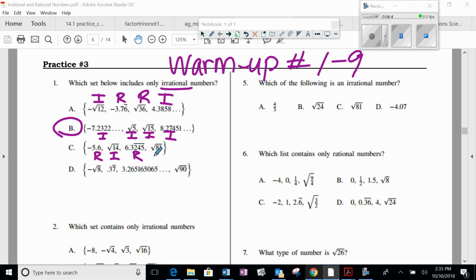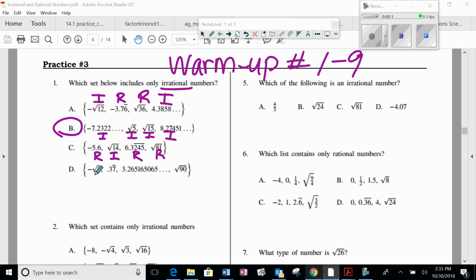And the square root of 81 is what? Square root of 81? It's rational because it's a perfect square. Because 9 times 9 is 81. So it's a perfect square. Okay?